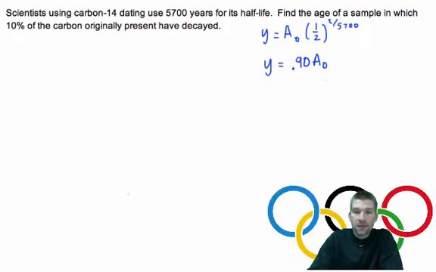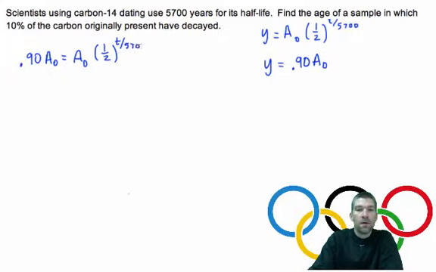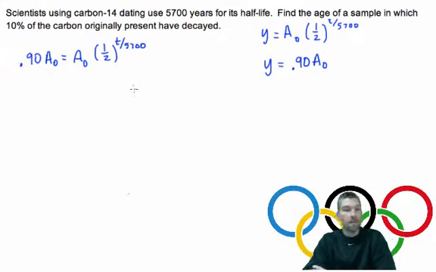So we're going to substitute all of these things in here, where you're going to have 0.90 times our initial amount is equal to our initial amount times 1/2 to the t over 5,700 power. Okay, not hard.